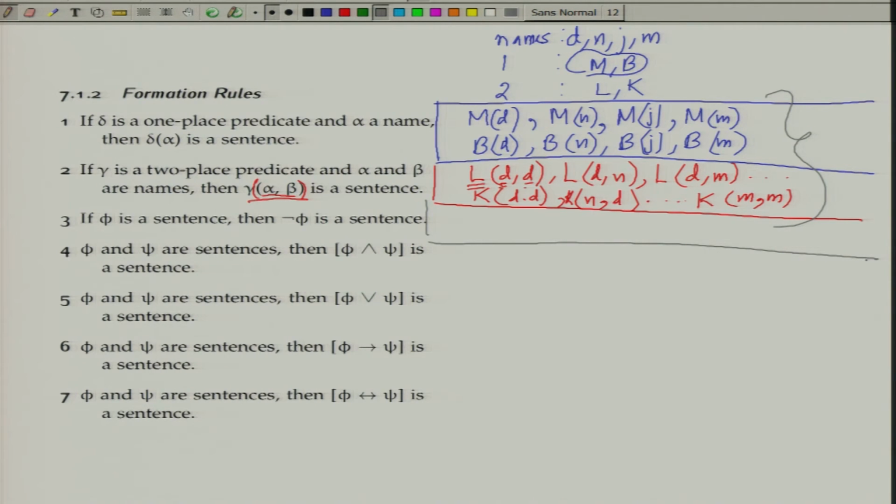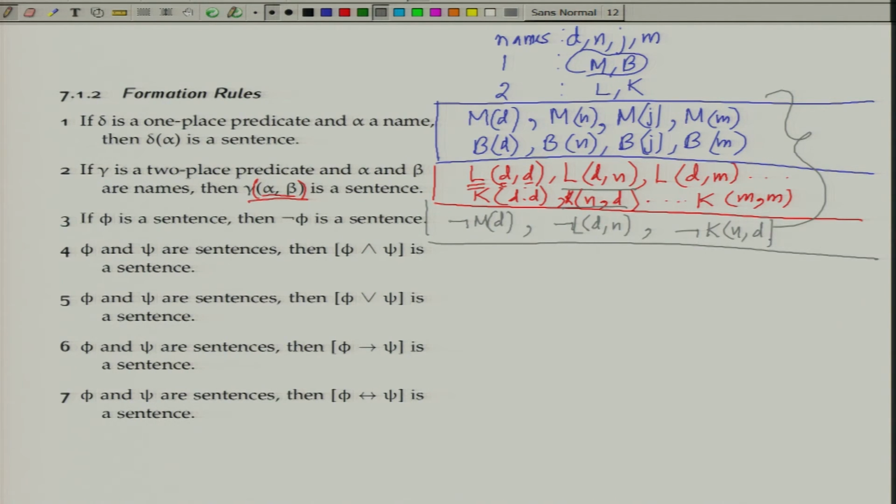If MD is a sentence, so if phi is MD, then we can have neg MD. Because LDN is a sentence, now neg LDN is a sentence. Because KND is a sentence, neg KND is also a sentence, and stuff like that.